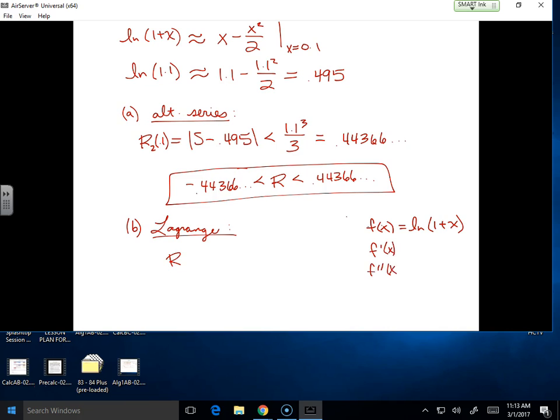So what derivative do we have to find? The third. So we have 1 over 1 plus x. The nice thing is there's no u prime on this, right? Is that okay?